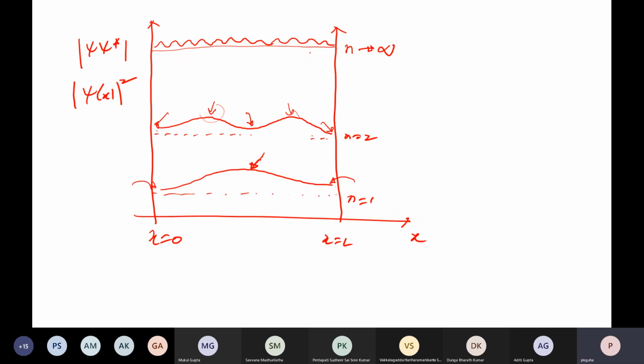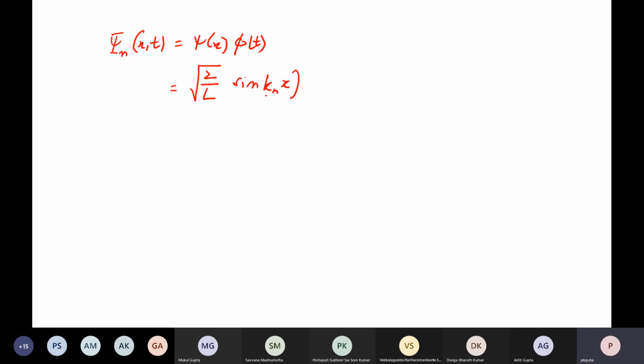What else? Now, this is the phi term, you remember, and this is e to the power minus i omega t. This is the space or time independent term, and this is the time dependent term.